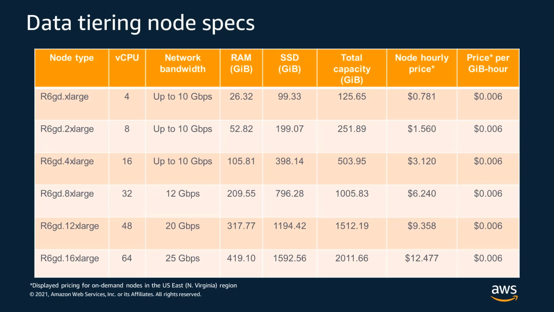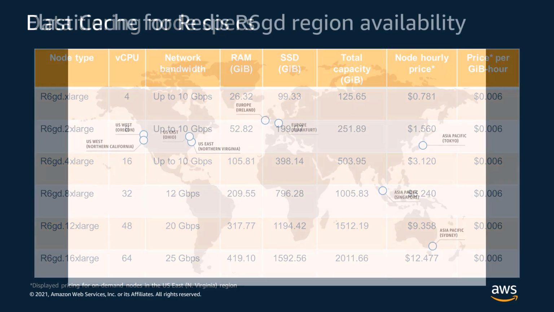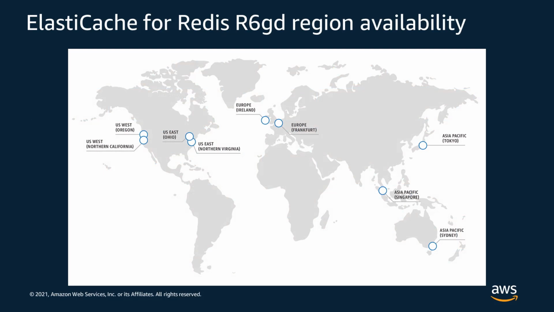Another thing I want to highlight, all these prices that you see here, they're using the US East 1 region's pricing, and they represent pricing for on-demand nodes. You can actually save up to an additional 55% over these prices if you're going to use reserved instances or reserved nodes. At the time of the launch and of this broadcast, we offer R6GD nodes for ElastiCache for Redis in 9 AWS regions, spread all across the globe.